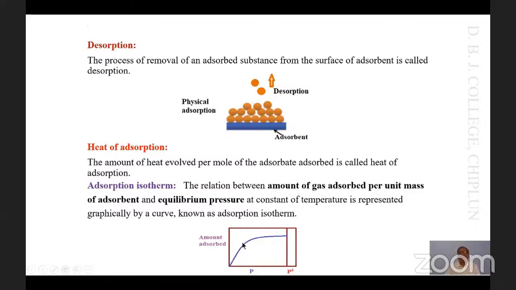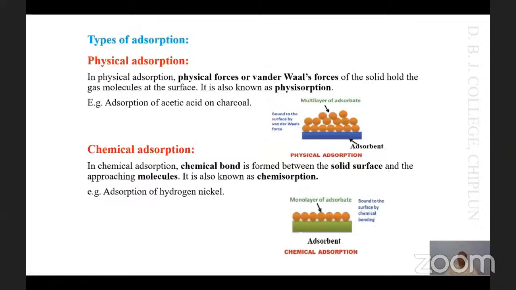You can draw the adsorption isotherm by using these two values, that is, the amount of gas adsorbed per unit mass of adsorbent and the equilibrium pressure at a constant temperature. Such a curve is known as an adsorption isotherm.